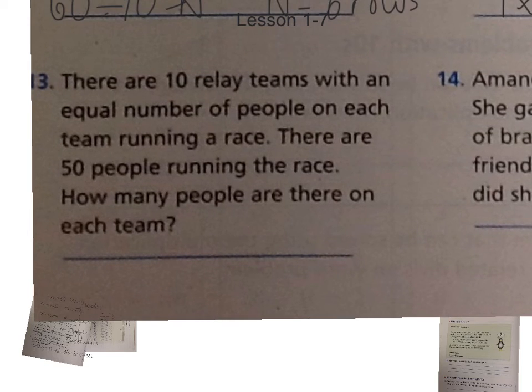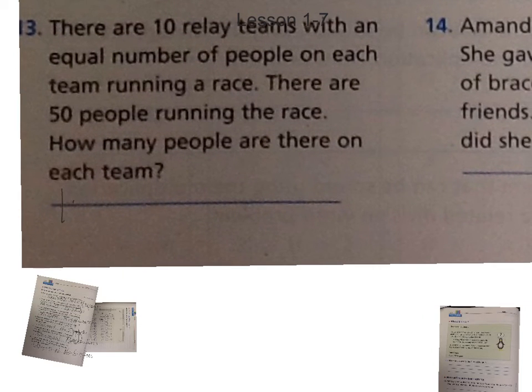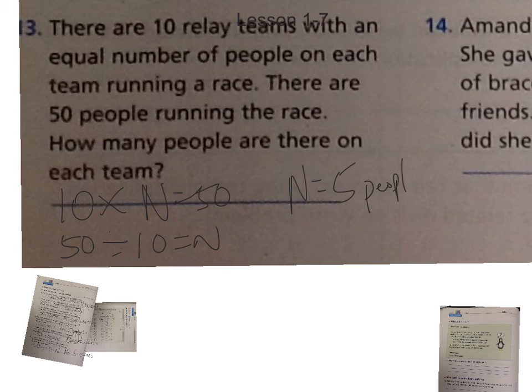Well, you could do 10 times n equals 50. You could do 50 divided by 10 equals n. And those are pretty much your two options. And so you should get n equals 5, because that's kind of the missing piece. So 5 people.